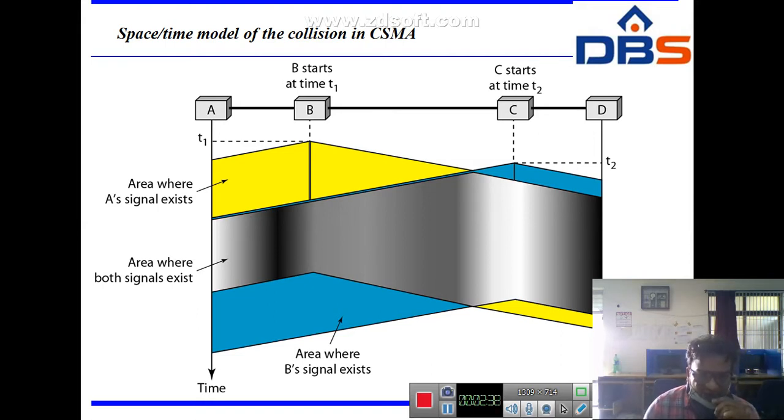That means if you want to send data from one end to another, in this diagram we have stations A, B, C and D. If station A wants to send data, it first has to sense the channel, listen to the medium, or check its state before sending. In other words, CSMA is based on the principle of sense before transmit.